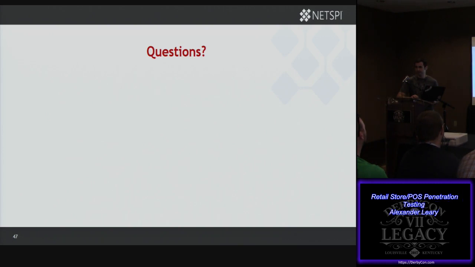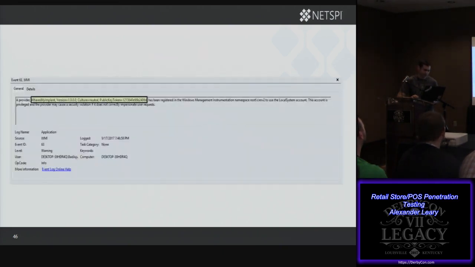Any questions? I know that was a lot of information quickly. The event ID on the last screen? Sure, that's event ID 63. You say when you create a derived class that it might provide password protection. Is there a simple way to check for all classes that derive from the process? There is.